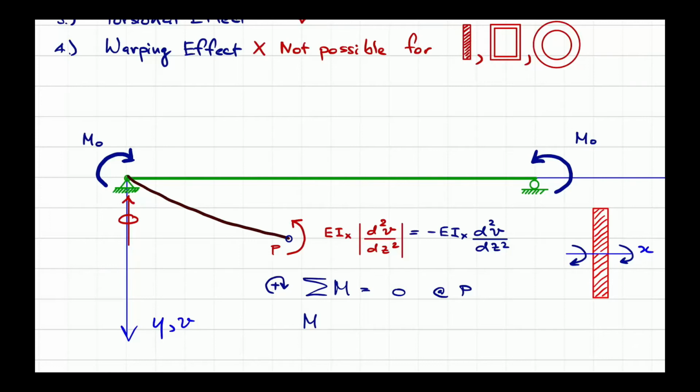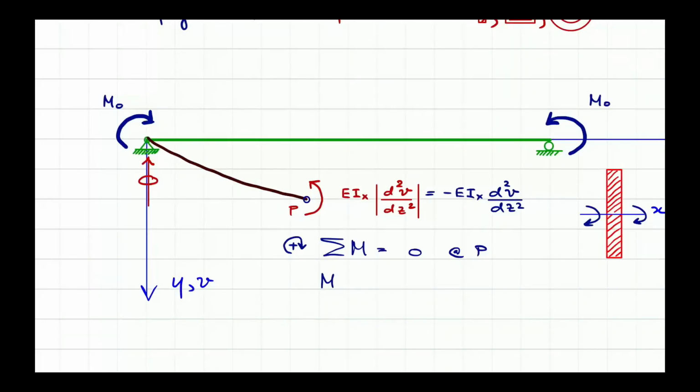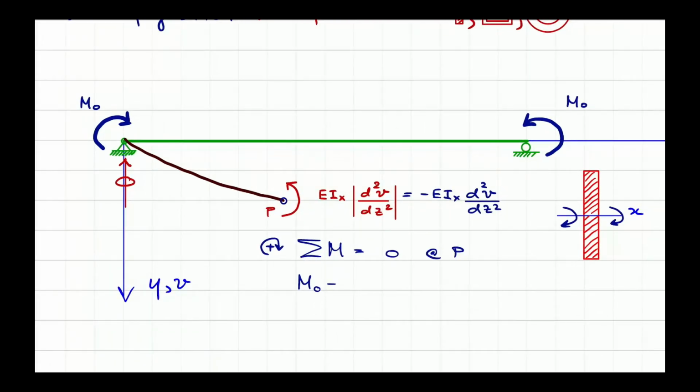If we call the clockwise direction positive, then we have M naught, and then we have the negative sign of the magnitude over here, which is given by minus EI subscript x times the second derivative with respect to z squared, and that is equal to 0.